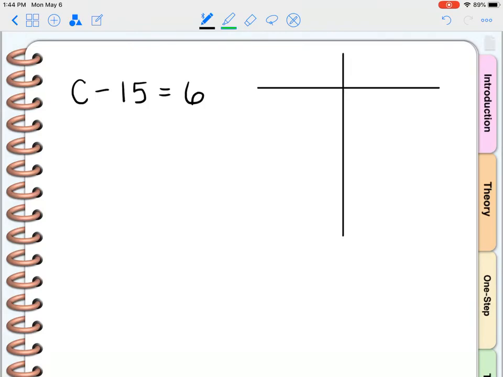So let's put this equation onto a solving frame and see what we can do. So C minus 15 is on this side and 6 is on this side. 6 is clearly the constant. And C is variable.